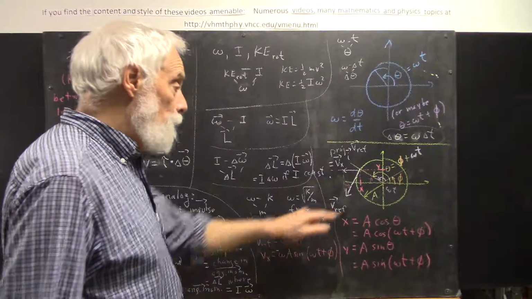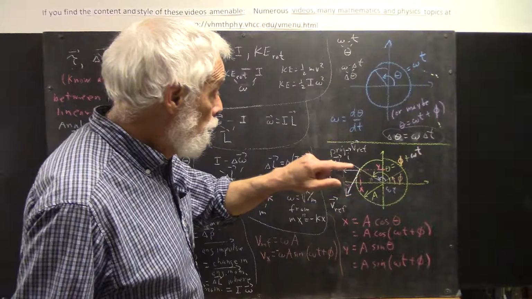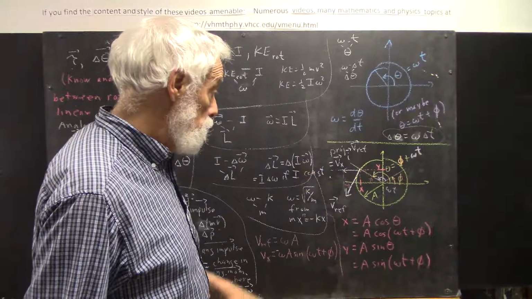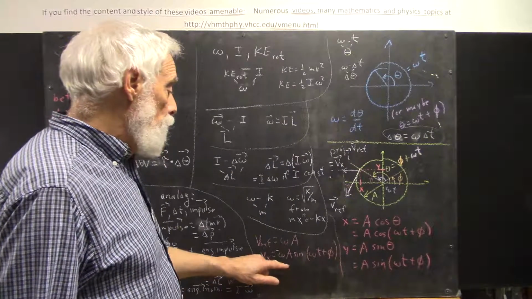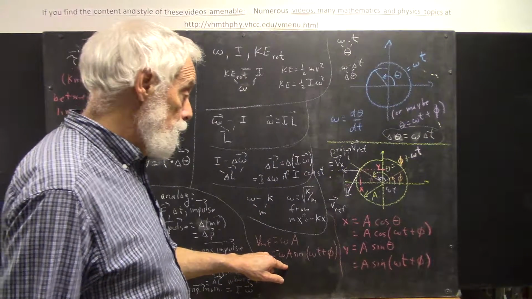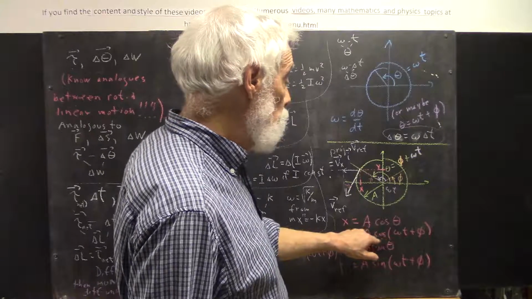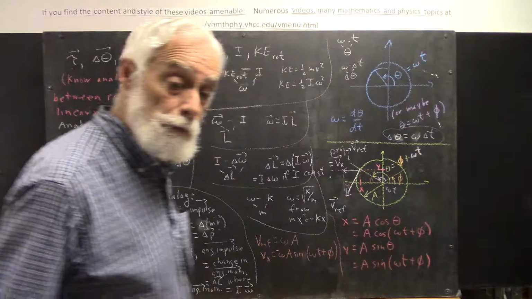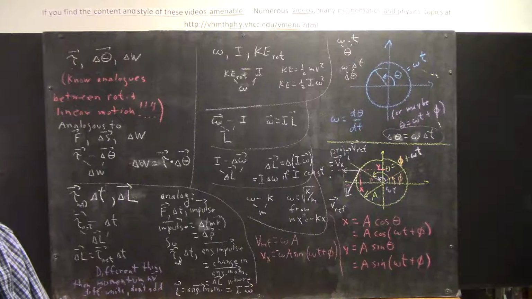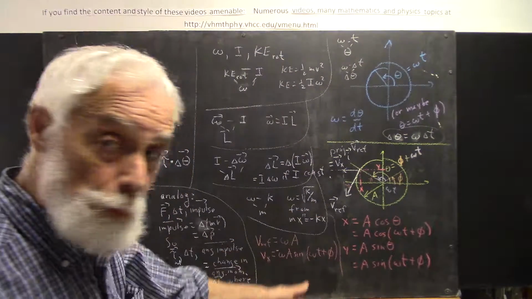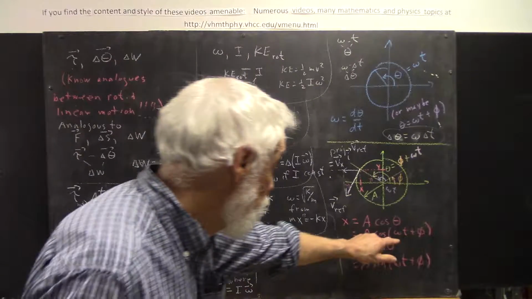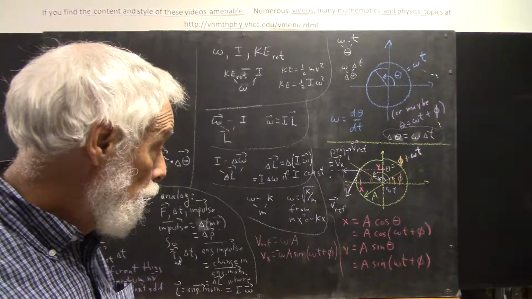And of course, by the trigonometry of the circle, the geometry of the situation, this turns out to be equal to the derivative of this. So we don't even need calculus to get this, although calculus is really the easiest way. Taking a derivative of this is really easy if you know the calculus.